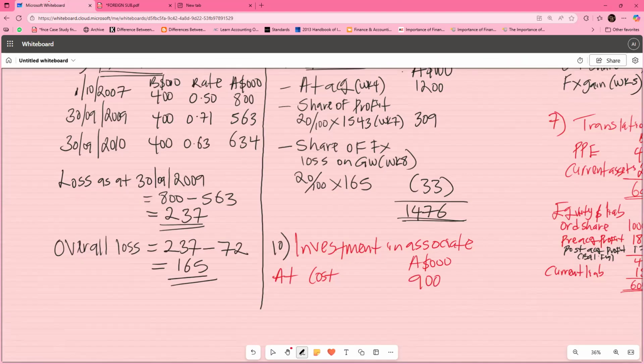And the next thing we do is share of profits. We have 40% in this associate. So 40 divided by 100 multiplied by, I think you have it already, but you can always check.